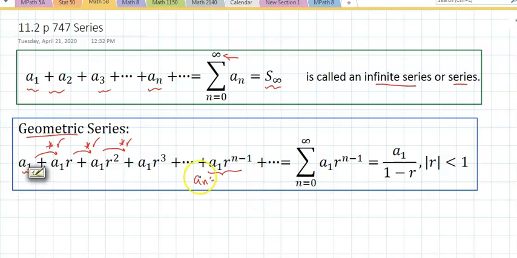And if this is the case, if you have an infinite sum and the absolute value of this common ratio r, you find r by taking any term divided by the previous term, if this r happens to be between -1 and +1, this infinite sum will equal a finite answer.